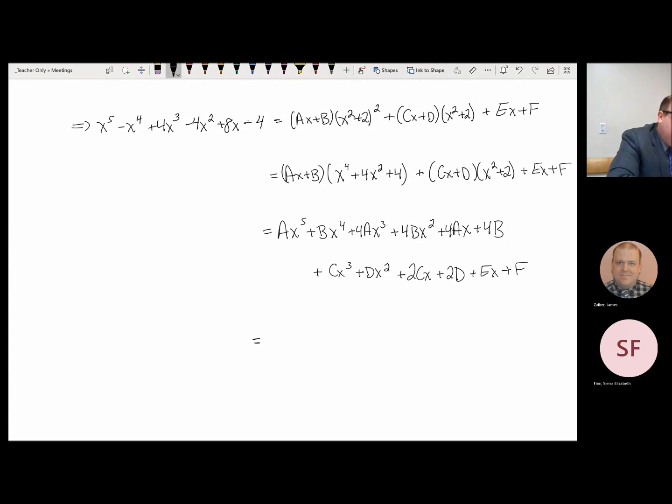Group together like terms. We only have one x to the fifth. We only have one x to the fourth too, by the way. That's nice.